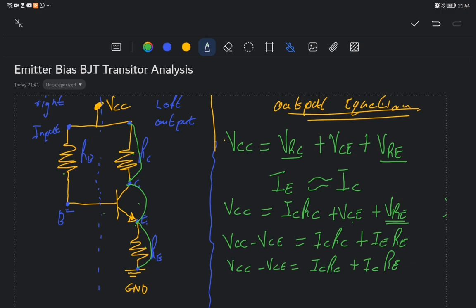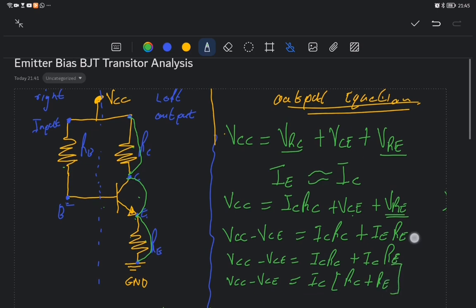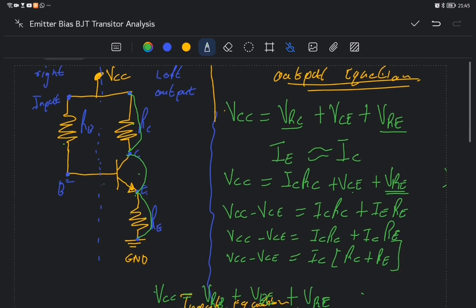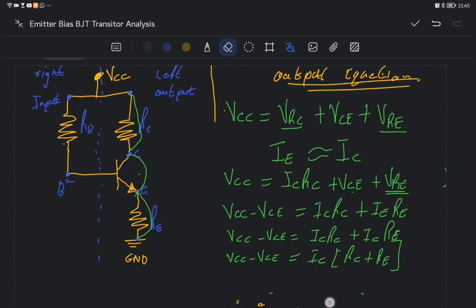Therefore we can take a common factor. VCC minus VCE is equal to IC into RC plus RE. Now let's conclude it.